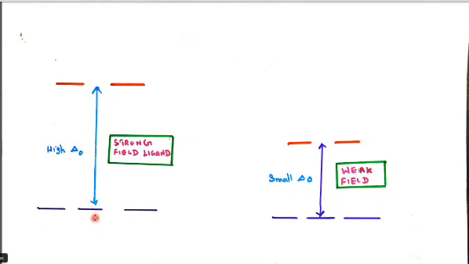So for d4, it is 1, 2, 3, and then again in t2g, because the fourth electron cannot jump up to the higher energy eg level, as the energy gap is very large. So it will pair up in the t2g set itself. After completion of t2g, it will go to the eg. So that is the high energy gap for strong field ligands.